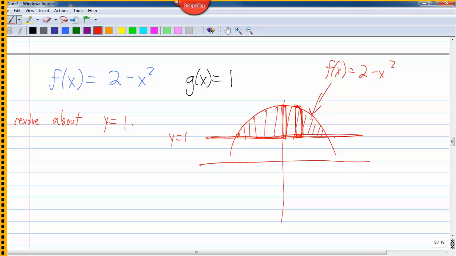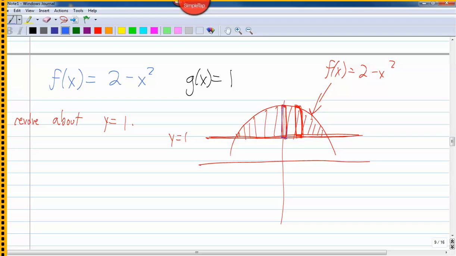Why is it not? Because we're revolving about the line y equals 1, so my rectangle is stopping right here. Now, if I was talking about this rectangle here, all the way down, then its height would be 2. But I'm not revolving about the x-axis. I'm revolving about the line y equals 1.